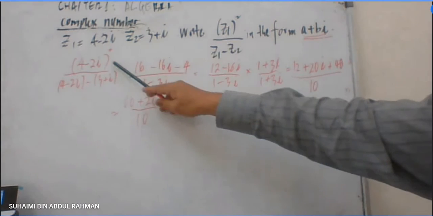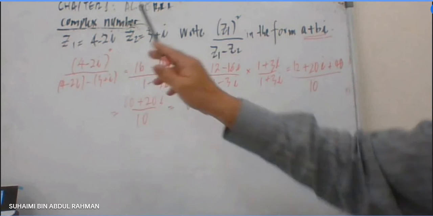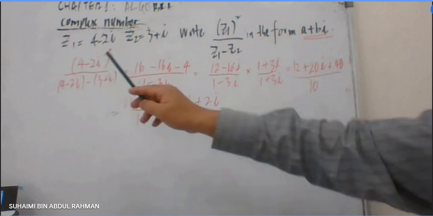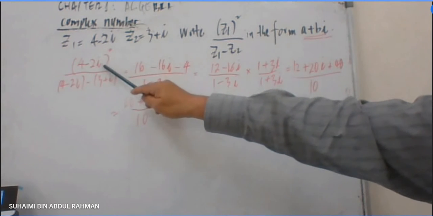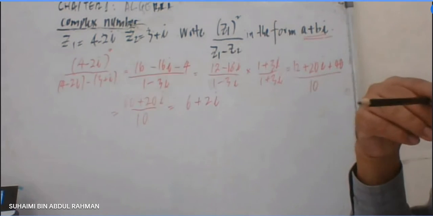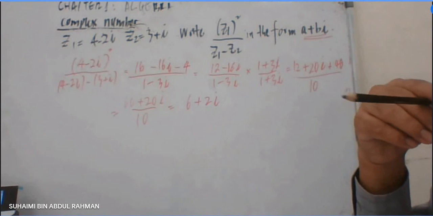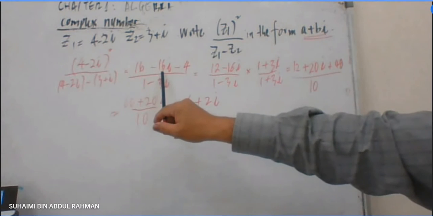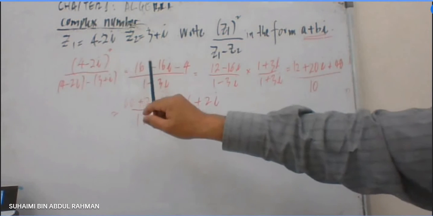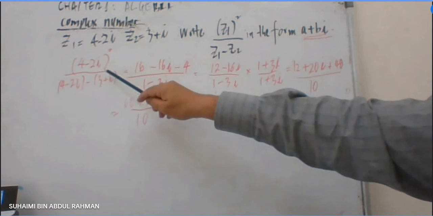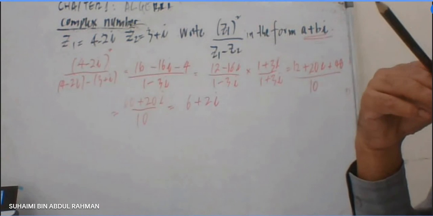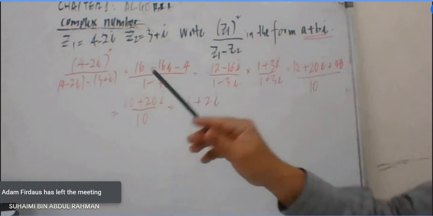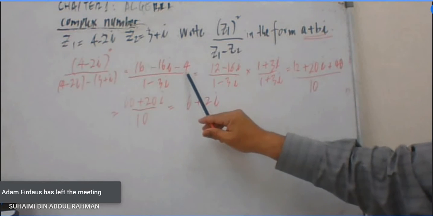So, expansion of this. I hope that you know how to expand it. Which is 4 square minus 2 times 4 times 2, minus 16i, then plus 2 square i square is minus 1. So plus and minus, we get minus.